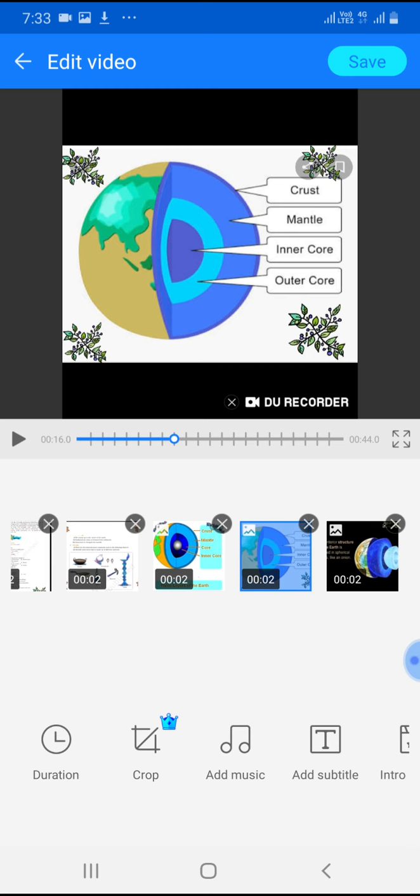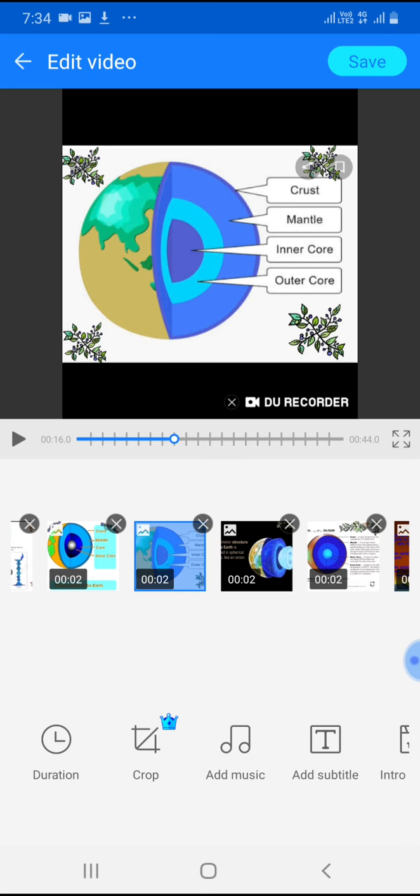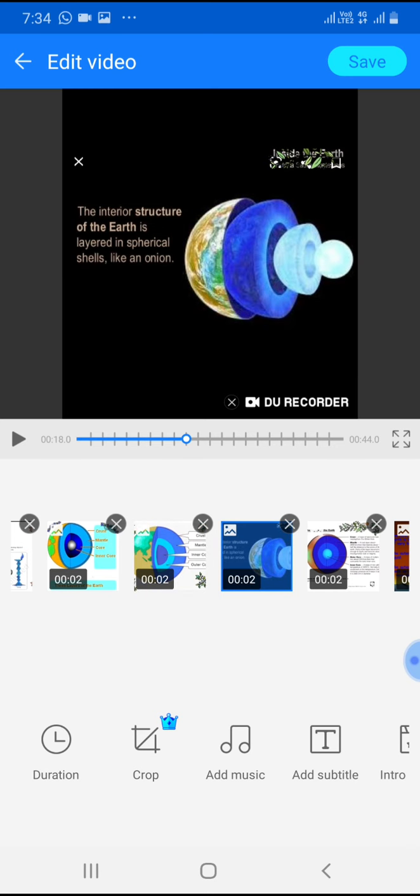One is the crust, which is the uppermost layer of the earth's surface. Second is your mantle, then inner core and outer core. Students, the interior structure of the earth is layered in spherical shells like an onion.